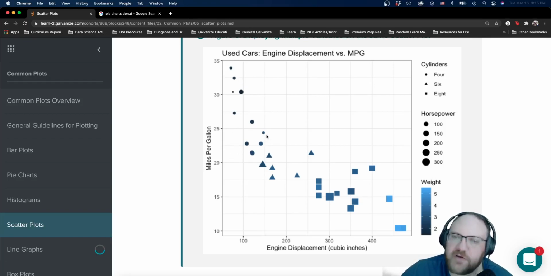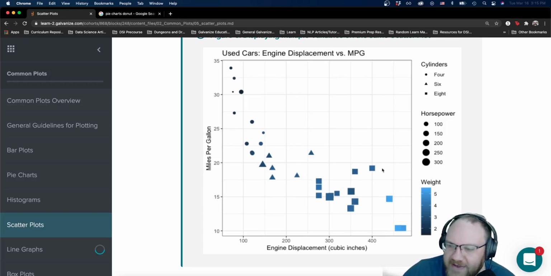You're not going to have a small engine in a big old truck. Then we have a sedan or maybe small SUV cluster of triangles. Here we have more cylinders, and with more cylinders we're generally talking about larger engines that have less efficiency. But the points are also a bit larger, so these are also larger vehicles.